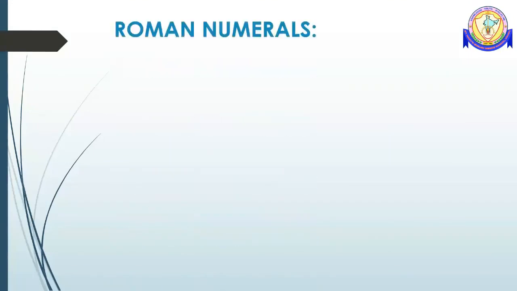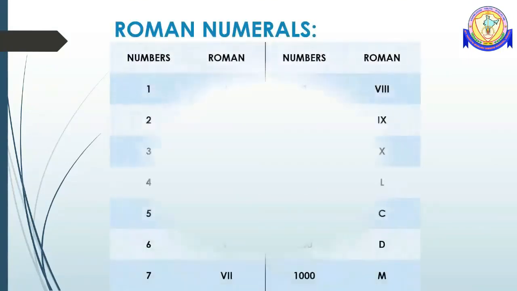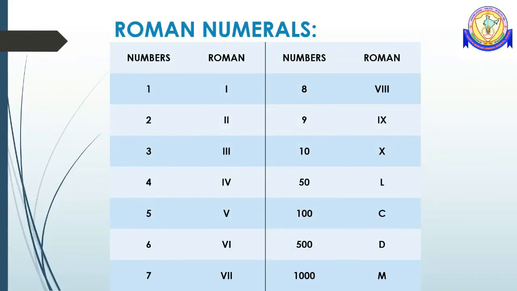Now we will see one more concept, that is Roman numerals. Here Hindu Arabic numbers can be written in terms of Roman numerals. The table shows how we can symbolize the numbers in terms of Roman numerals.